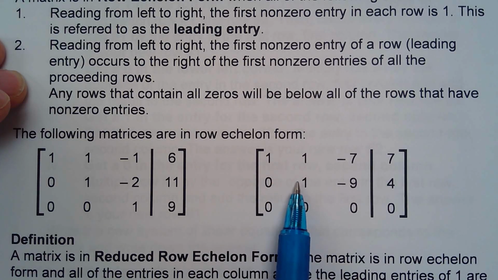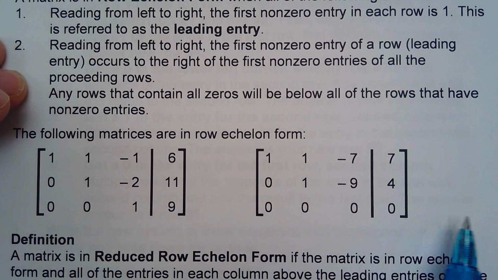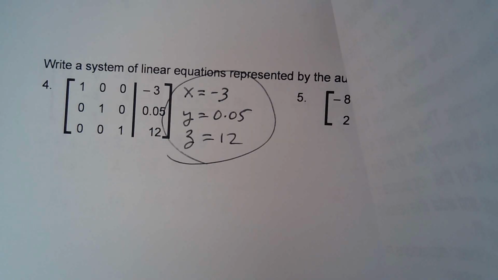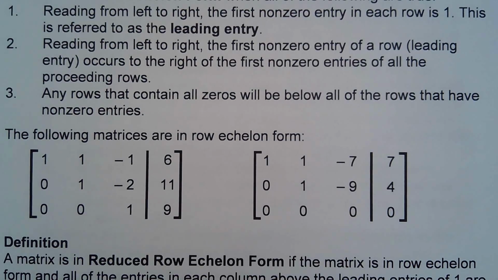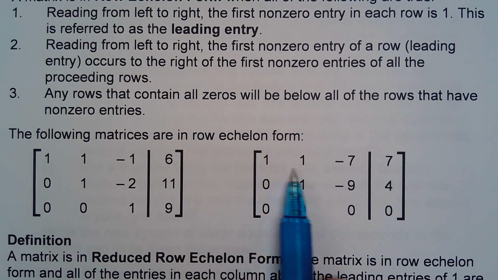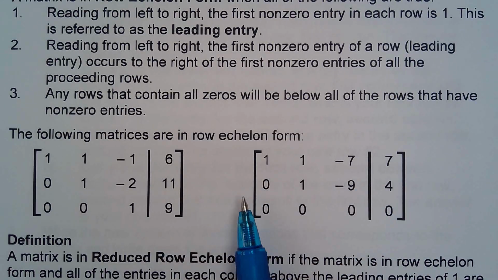Similarly here, and here I have a row that's all zeros, so notice that's at the bottom. And we saw an example of that a little bit earlier. Nope, we did not. I lied. So both of these are in row echelon form.